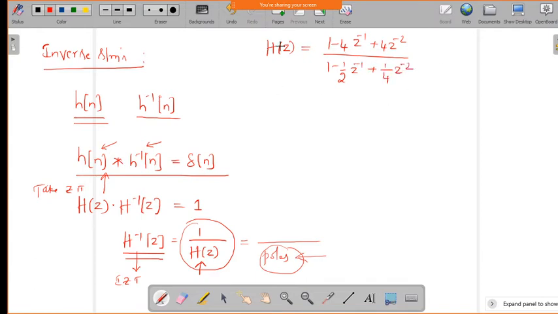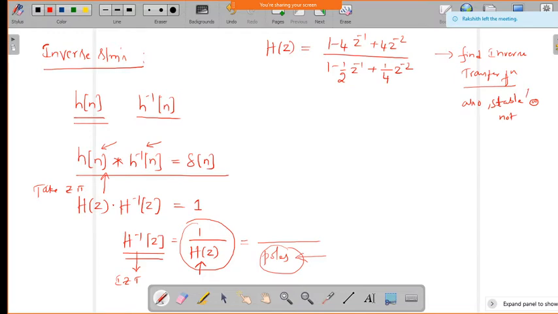H of z is given, so we have to find the inverse transfer function, and also find whether this inverse transfer function or inverse impulse response is stable or not, and whether it is causal or not.